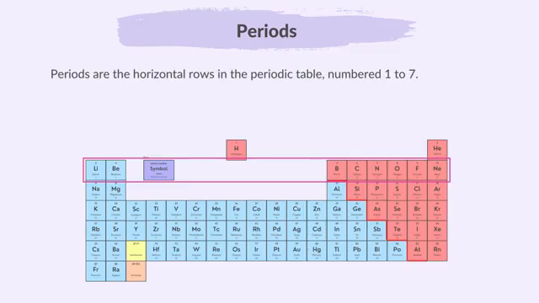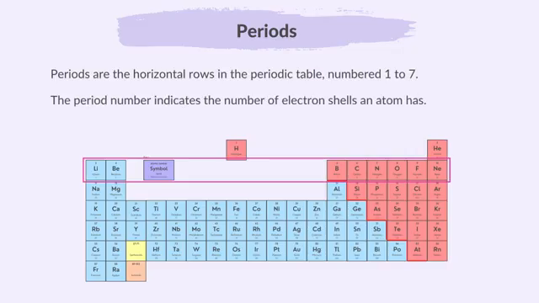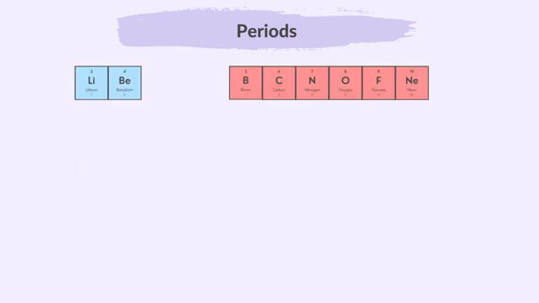Periods are the horizontal rows in the periodic table numbered 1 to 7. The period number indicates the number of electron shells an atom has. Let's take lithium for example. Its atomic number is 3, so its electron configuration is 2, 1.